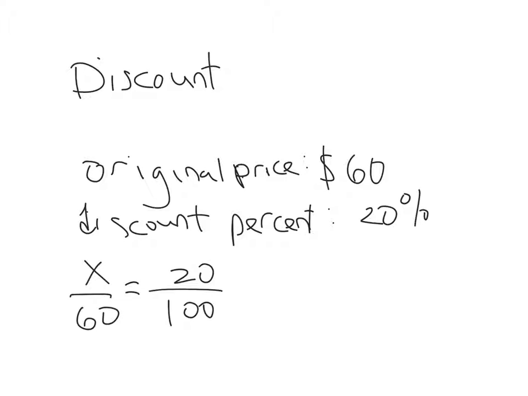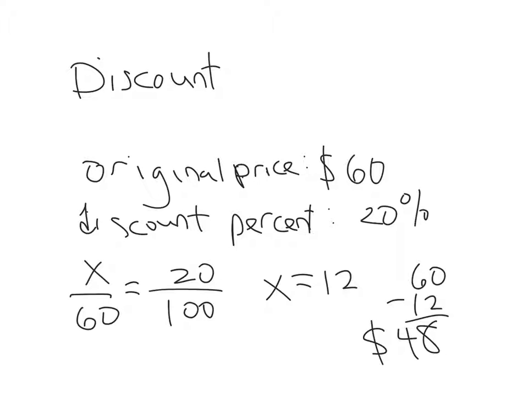When I multiply that all out, x is going to be equal to 12. Since it's a discount, I'm taking away $12 from the 60, so 60 minus 12 gets us 48. My answer is $48. That's the price I would pay, the retail price after the discount.